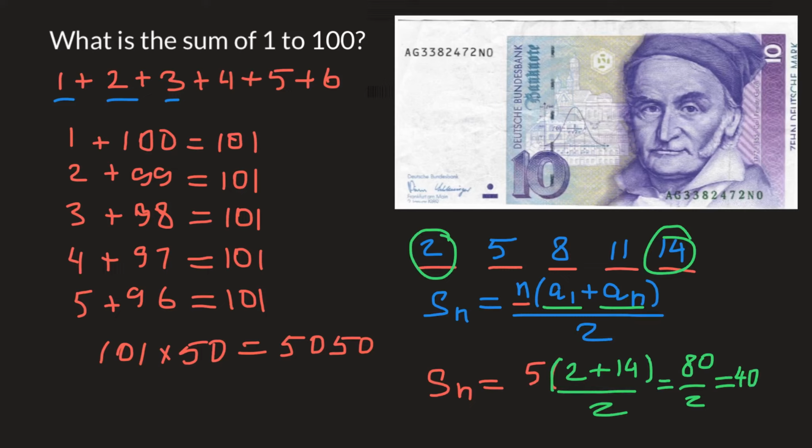That would equal 40. Let's check. For example, 2 plus 5 is 7, plus 8 is 15, plus 11 is 26, plus 14 is 40. And this is what we got using this formula.